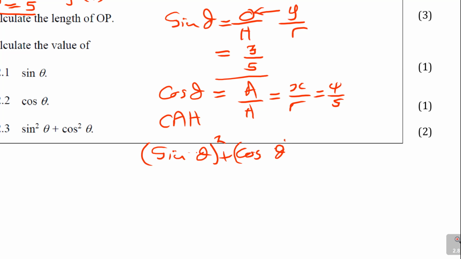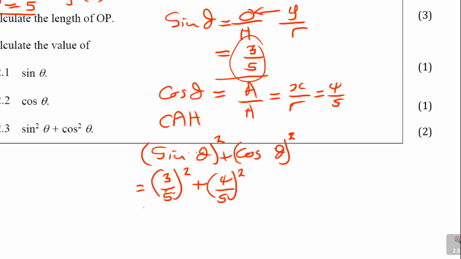Meaning, you are going to say sine, remember that it is 3 over 5, but with the squared, right? What's the next one? Plus cos. What about cos? It's 4 over 5 again squared.